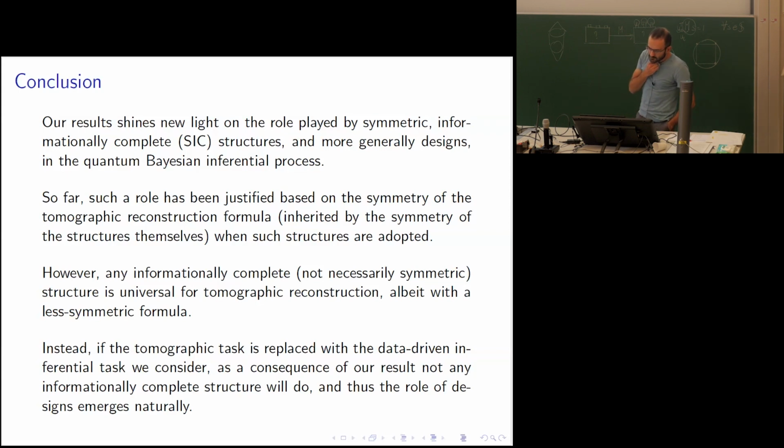Okay, so conclusion. The idea here is that we want to do inference of states and measurements. We want to be able to attach mathematical description based on observations only. That's why we call this data-driven. And in doing so, in solving this problem, we find out that the mathematical tool that you really need are designs.